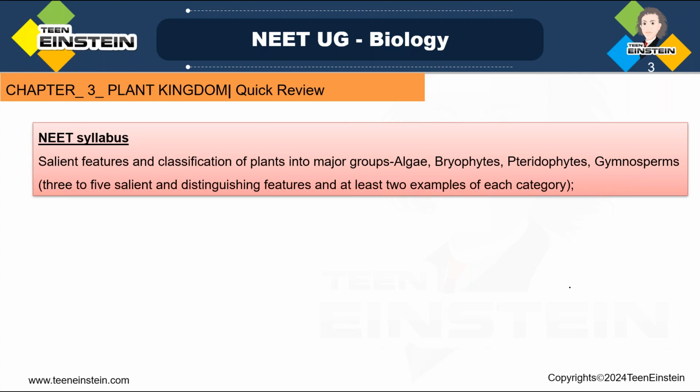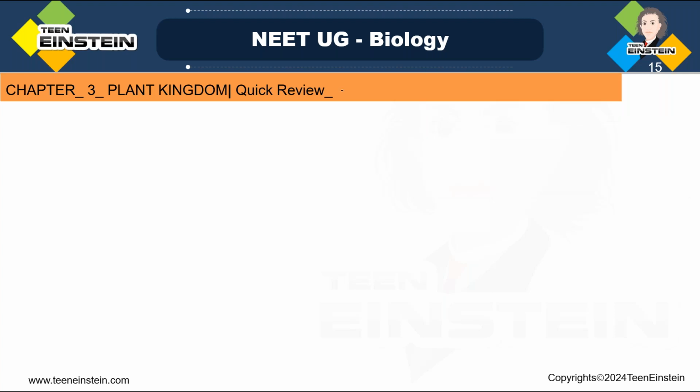We have to learn the important features and any two examples from each one. While choosing the examples, learn about the special ones and any exceptional cases that you need to note down, because you can expect that kind of questions. Clear? So here we are moving to gymnosperms.